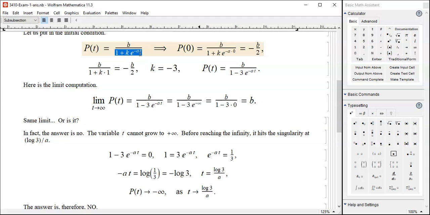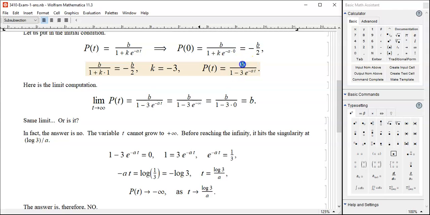Set the denominator equal to 0, this thing equal to 0, and solve it. We get this equation and this solution. So t is log 3 over a, which is a positive number. That's when the denominator hits 0.